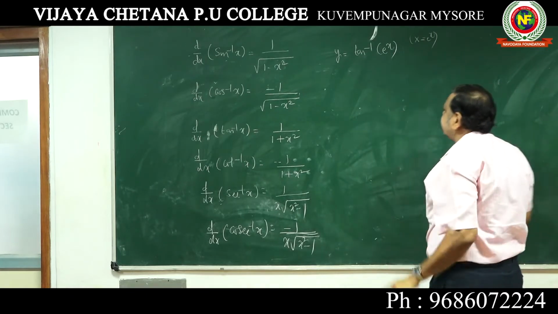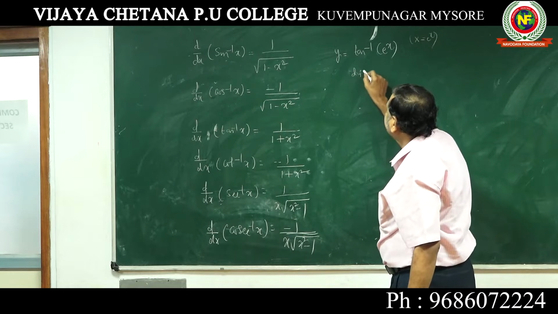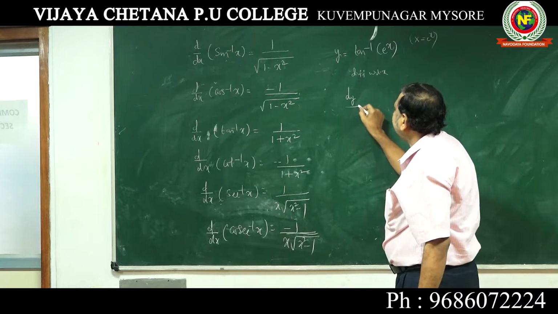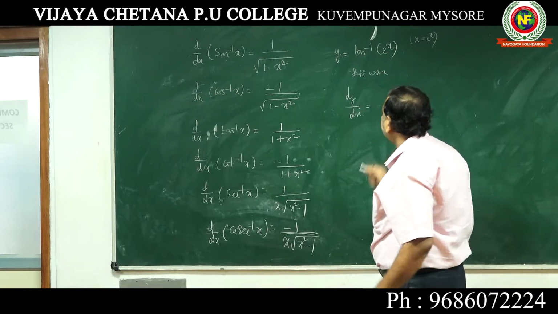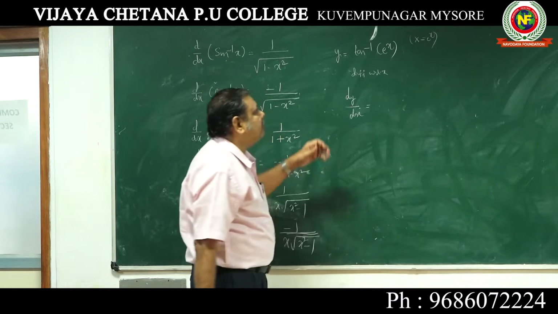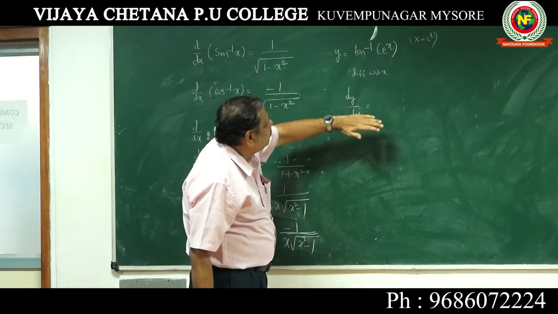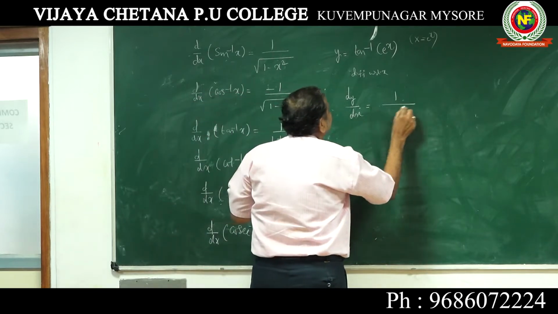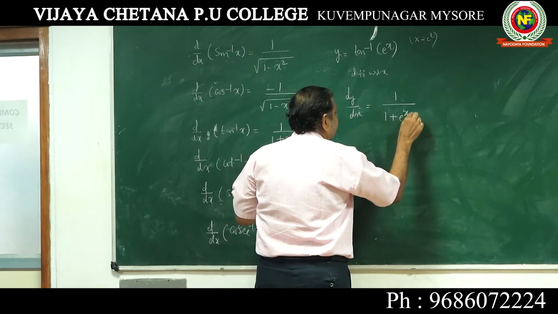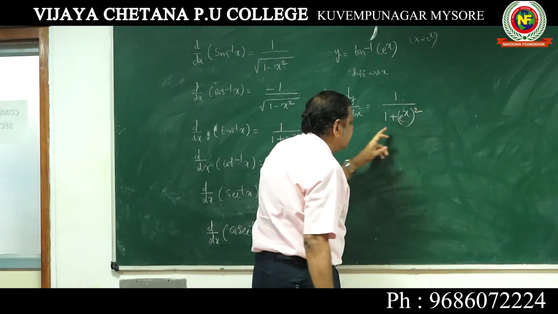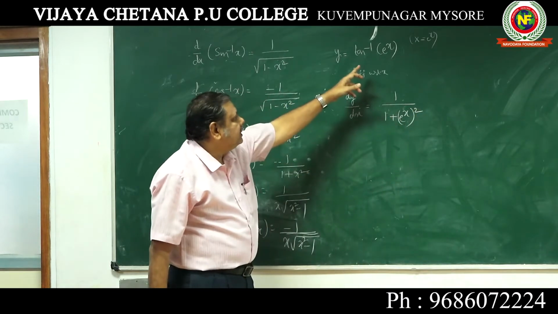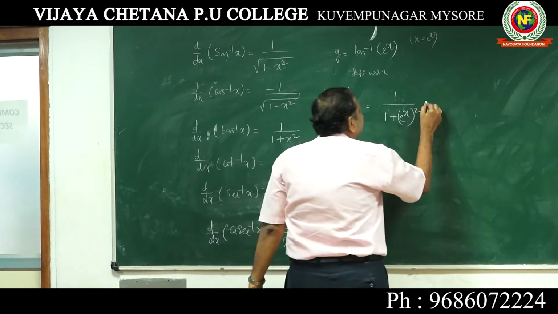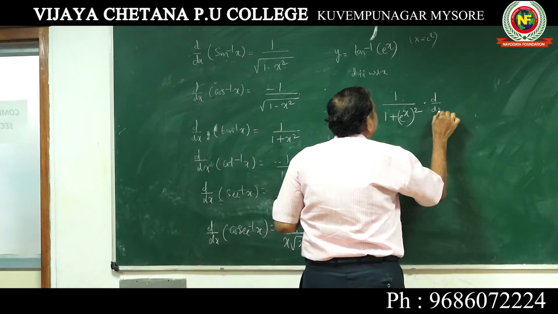So when you differentiate with respect to x, dy/dx will be 1 over 1 plus x square, where here it is 1 over 1 plus e to the power of x whole square, because instead of x, e to the power of x is there, into d/dx of e to the power of x, since it is a function of a function.